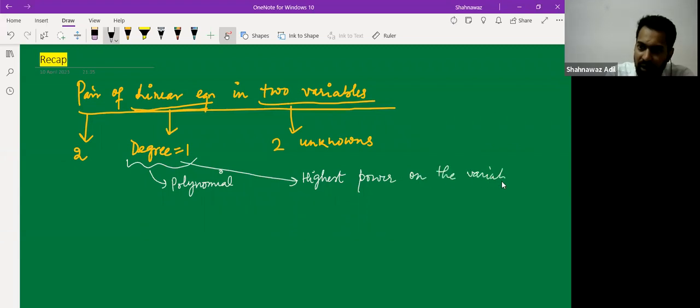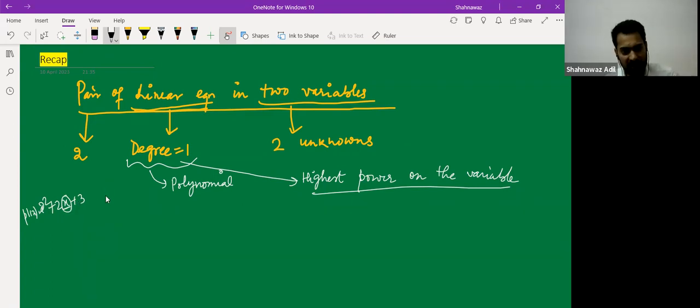And in here, you will see the highest power. So let's say x square plus 2x plus 3, right? So what is the power of x here?